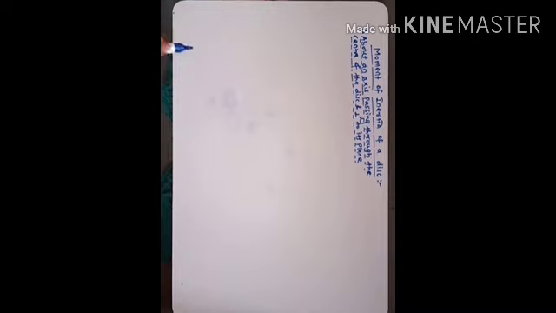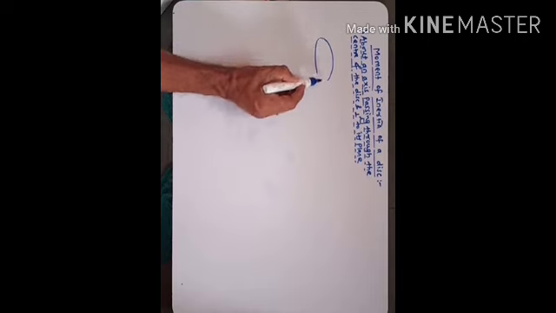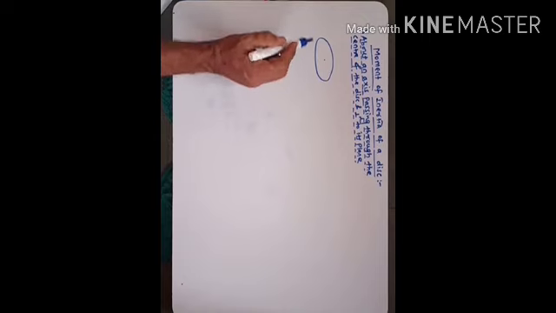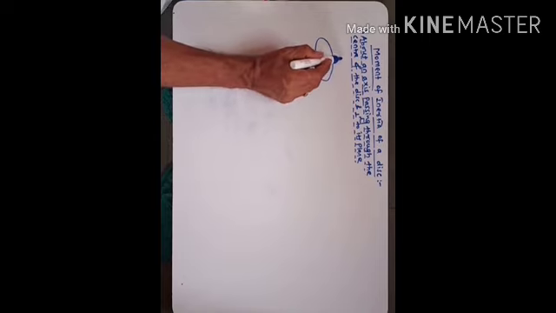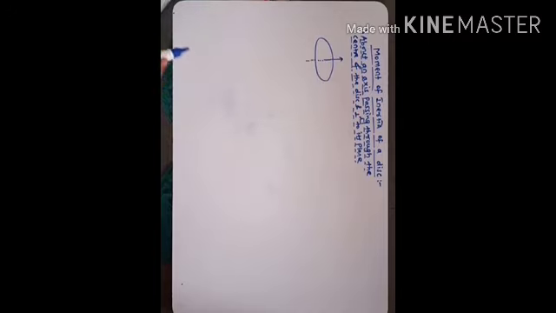Now, suppose this is the disk which rotates about a transverse axis. Transverse axis means an axis which is perpendicular to its plane and passing through the center.